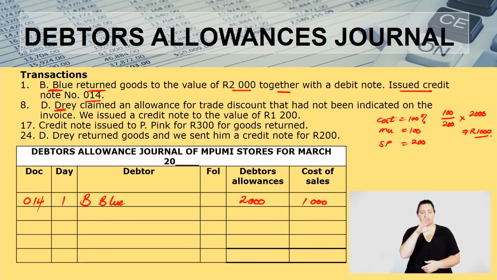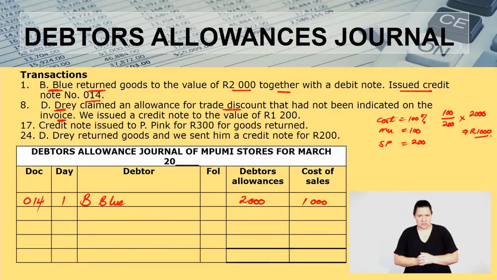D Dre claimed an allowance for trade discount that had not been indicated on the invoice. So with D Dre, they are not returning goods to us. They are just claiming an allowance for trade discount that we had not indicated on the invoice. We issued a credit note for 1,200.